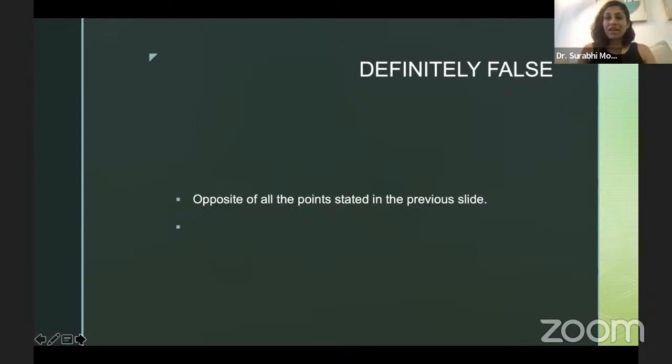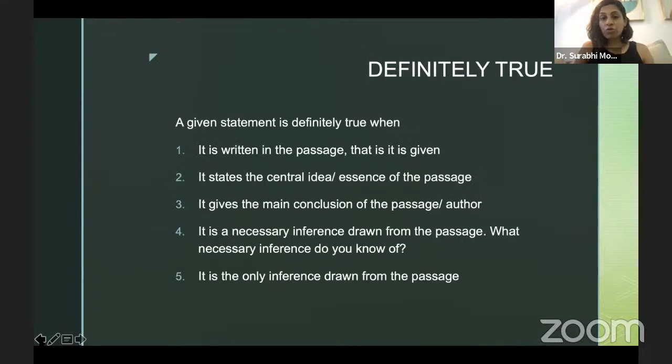So I love this slide, which is the definitely false slide, because it says the opposite of everything that I've told you on the previous slide. So it's very simple to do a definitely true or a definitely false, because if something is opposite to what is written in the passage, it's definitely false. If a statement opposes the central idea of the passage, it's definitely false.